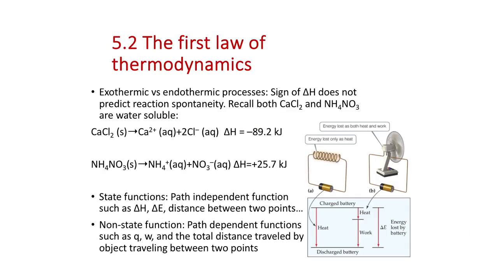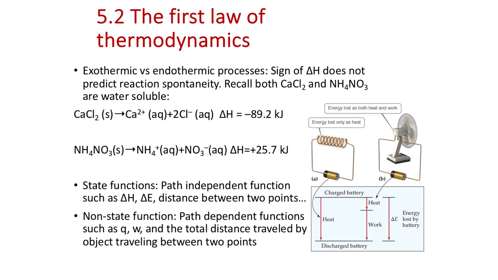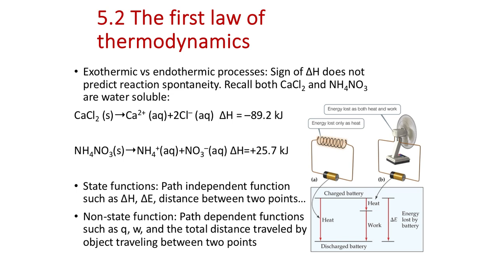Okay, so let's look at a couple of examples of reactions. I was mentioning earlier that whether a reaction is exothermic or endothermic doesn't tell you if the reaction should or shouldn't take place. Take calcium chloride solid going into water. It should ionize because it's one of our soluble ionic compounds from our solubility rules, so it should dissolve in water.